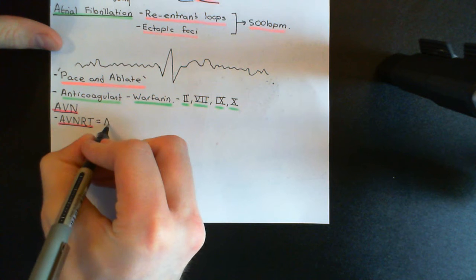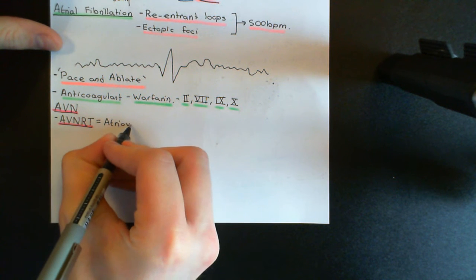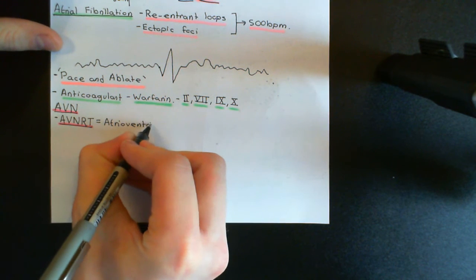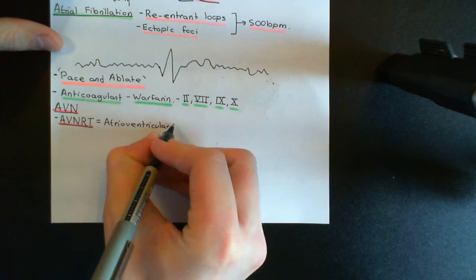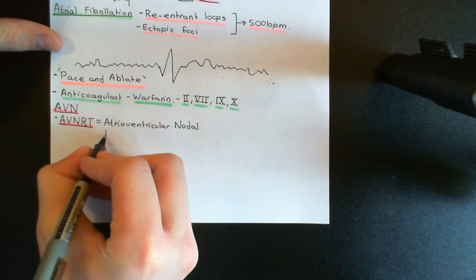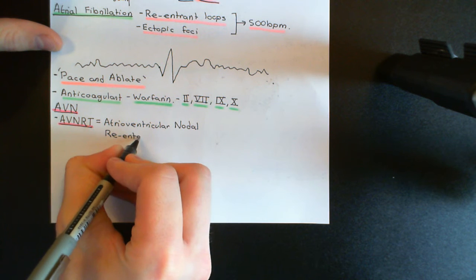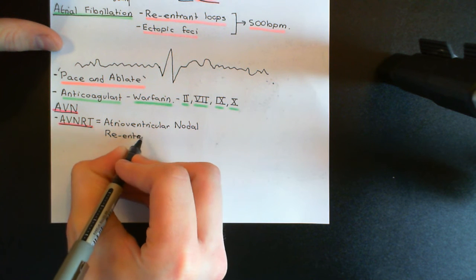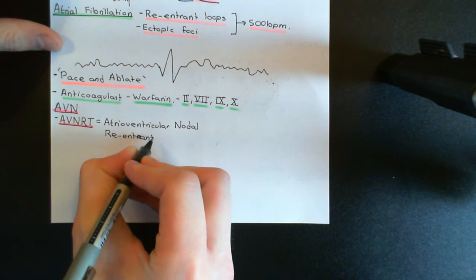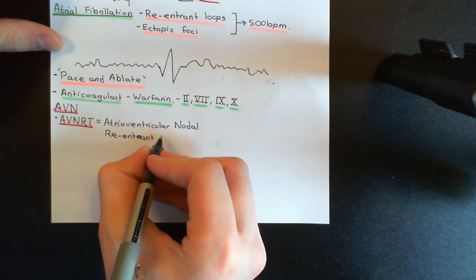So the AV is of course for atrioventricular, the N is then for nodal, and the RT is for reentrant tachycardia. And as the name suggests, this arrhythmia is going to arise because of a reentrant loop that is actually going to occur within the atrioventricular node.